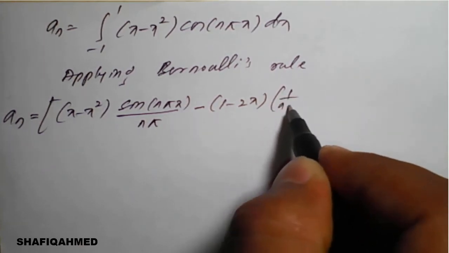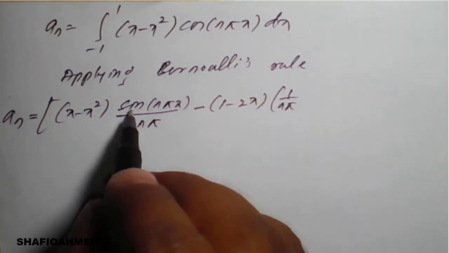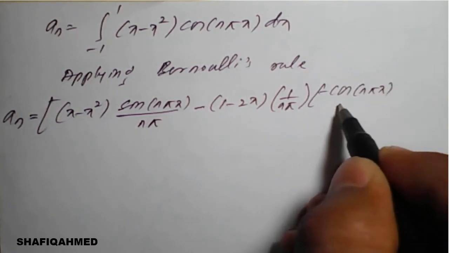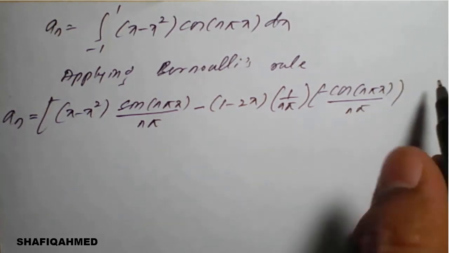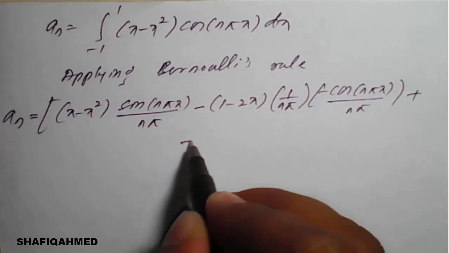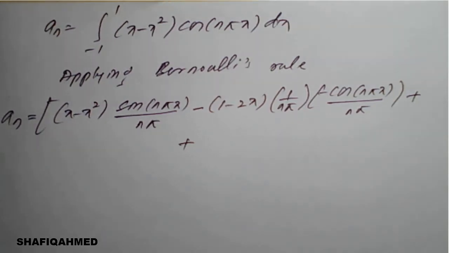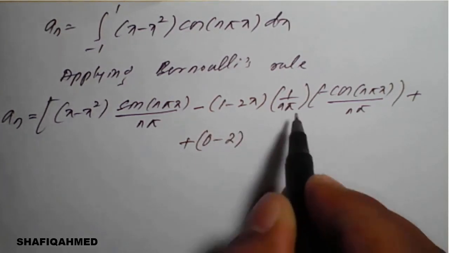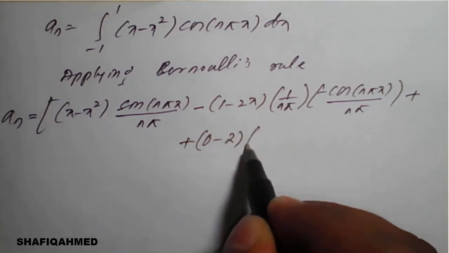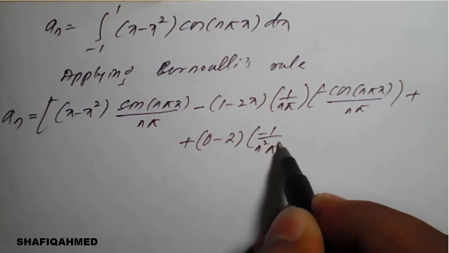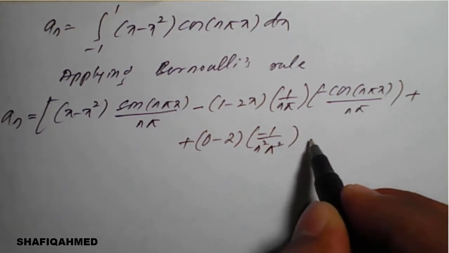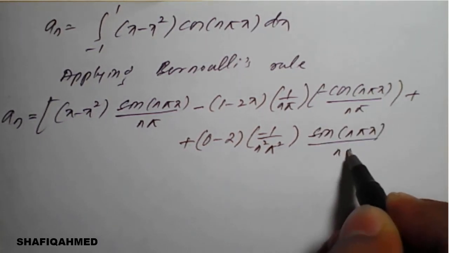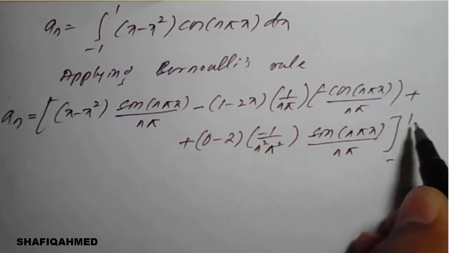So 1 upon n pi you carry, integration of sine is nothing but minus cos of n pi x upon n pi. Next plus, on differentiation, so 0 minus 2, 1 upon n pi and minus 1 upon n pi carry, minus 1 upon n square pi square, cos n pi x is nothing but, integration of sine of n pi x upon n pi, from -1 to +1.